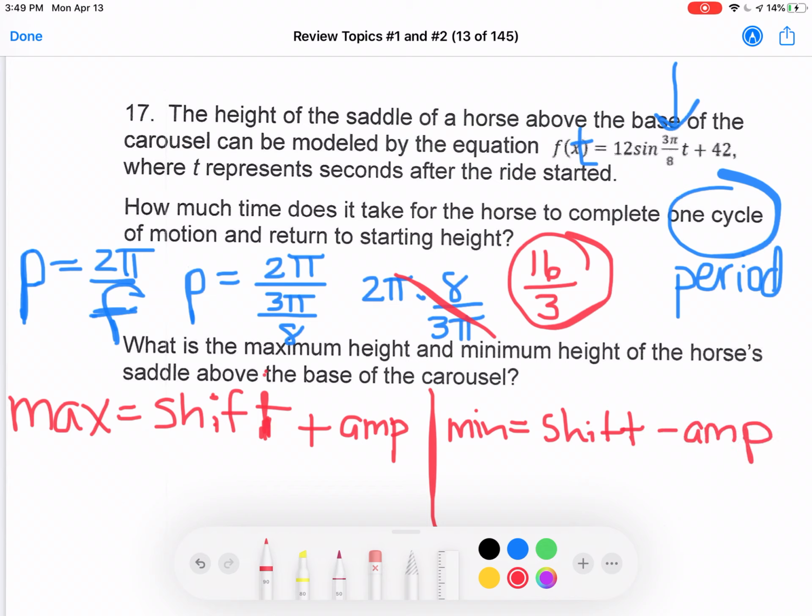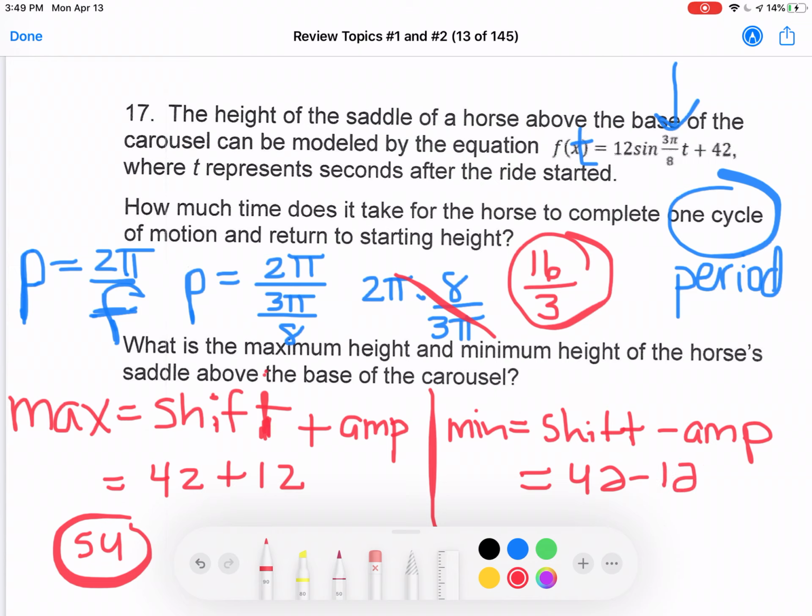And remember, amp is always positive. So the maximum is going to be 42 plus 12. So my max is 54. And my min is going to be the vertical shift minus the amp, so 30.